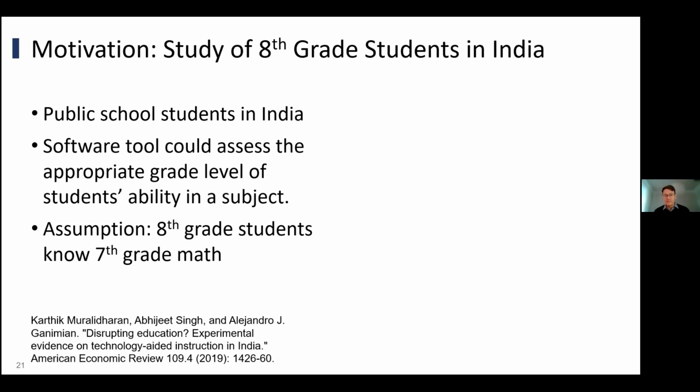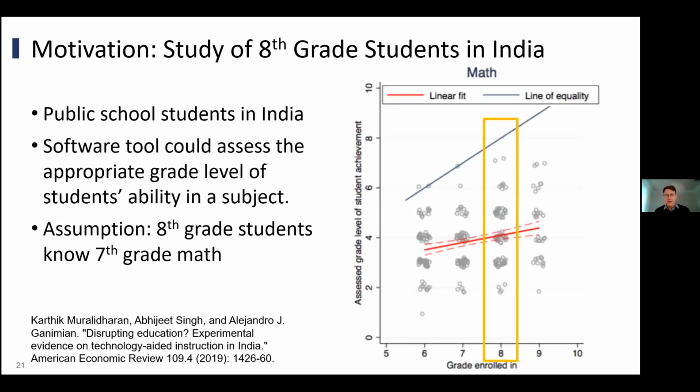So the tool was the focus of the paper, and it was really just to help them get targeted assistance. But there's a single figure in the paper that really caught my attention, a figure about how well the students were doing. Based on the fact these students were in 8th grade math, we might assume that the students knew 7th grade math. That's the assumption we're making. Now here's the figure.